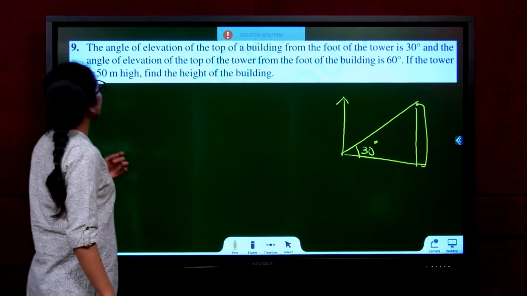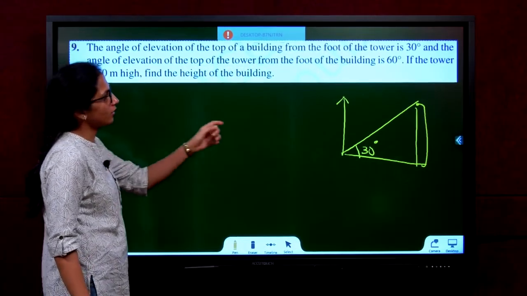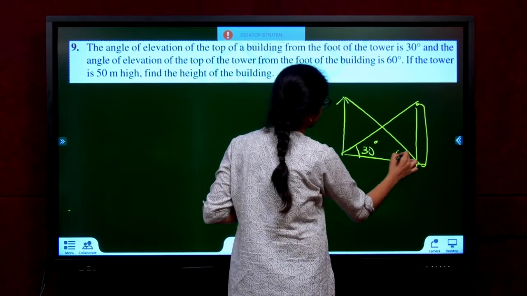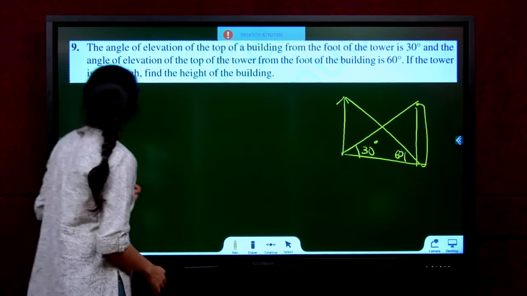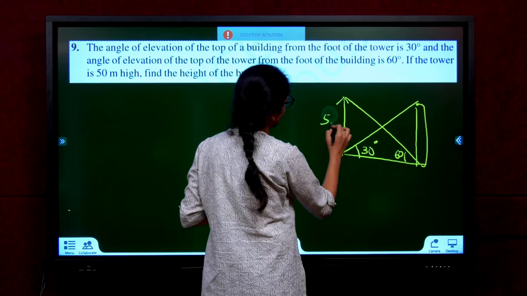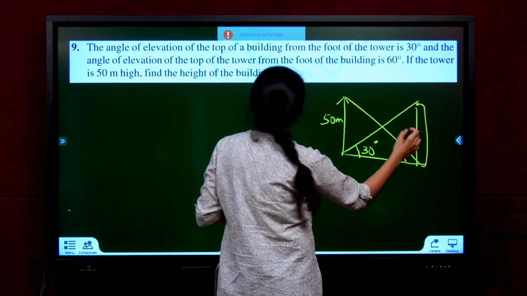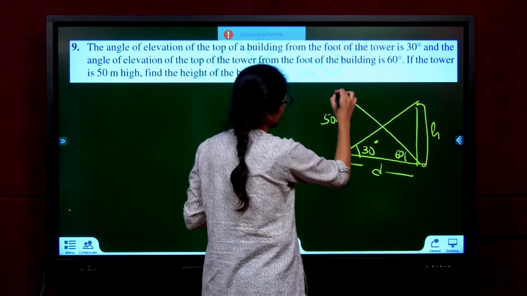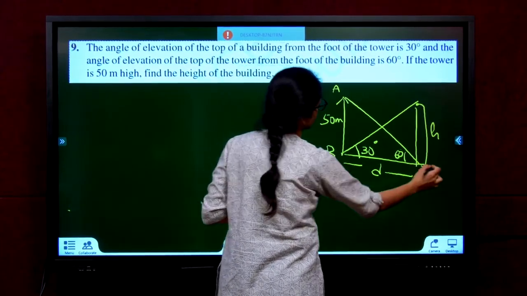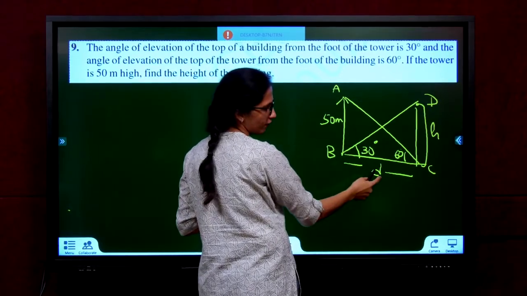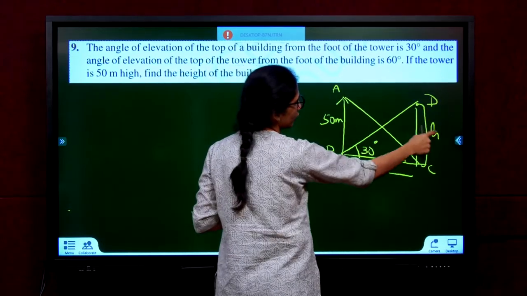And the angle of elevation of the top of the tower from the foot of the building is 60 degree. If the tower is 50 meters high, find the height of the building. Let's take this as D. So A, B, C, D. In this triangle, you know this, so you can find D.